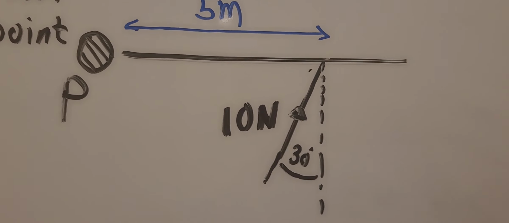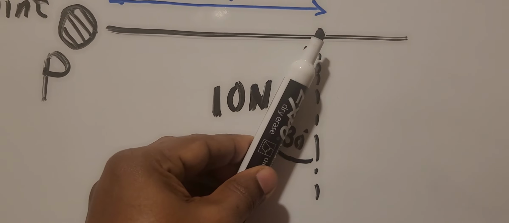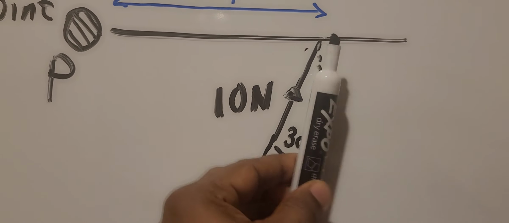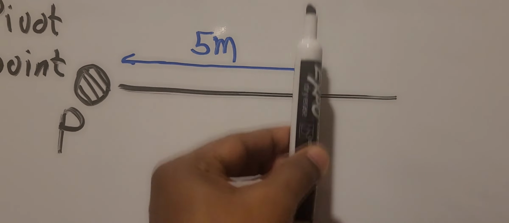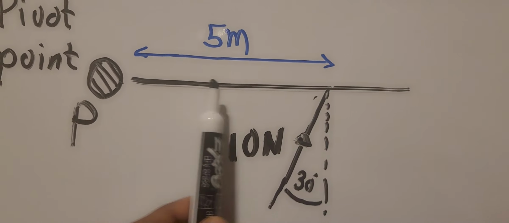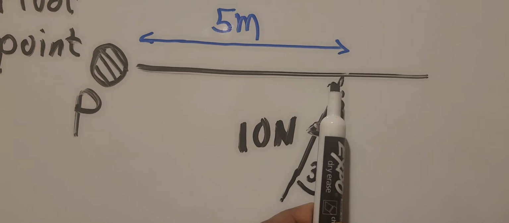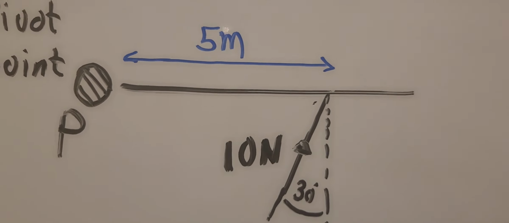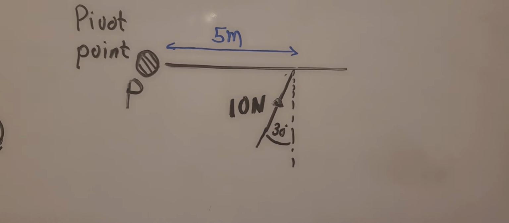So I'm just going to talk about this method. I'm going to find this component. Can you see this vertical component? That component is going to be perpendicular to the 5 meter distance. So then the 5 meters will become the leverage or the lever arm distance.